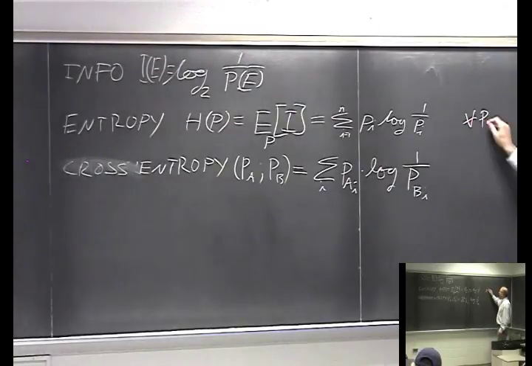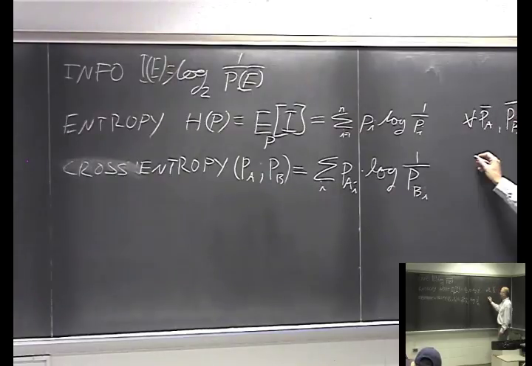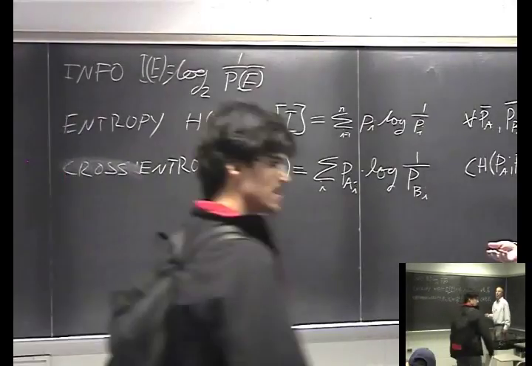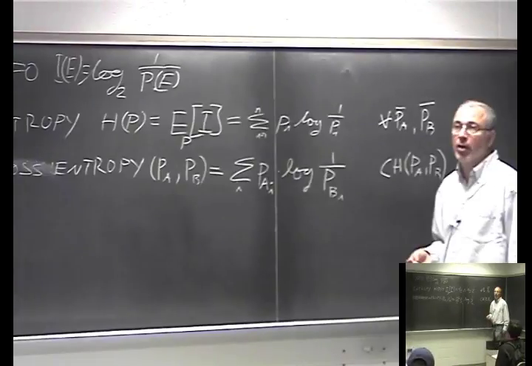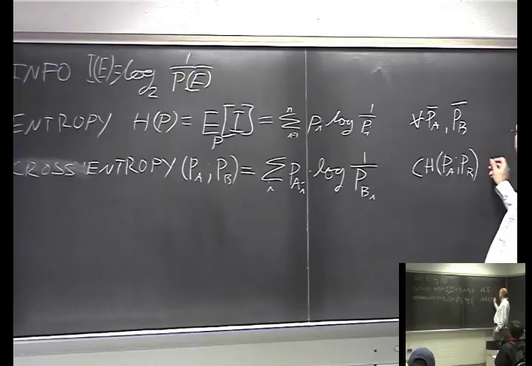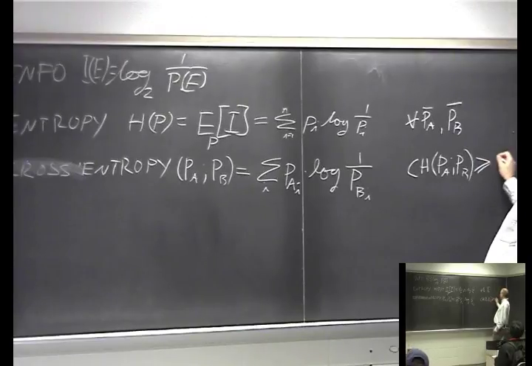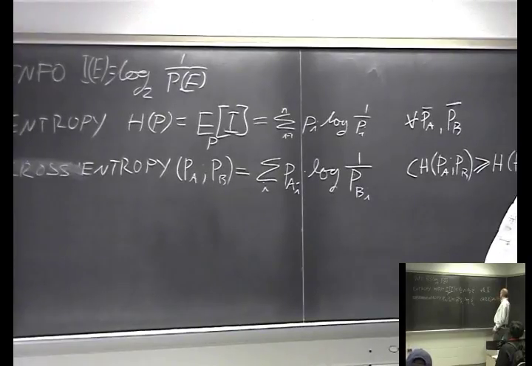And the inequality that I showed you can be written as, for any distribution PA and PB, the cross entropy between PA and PB is what? What can you say about it relative to the entropy? Is always greater than or equal to the true entropy of PA.